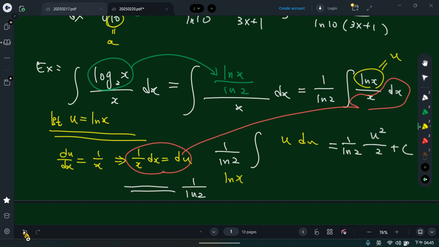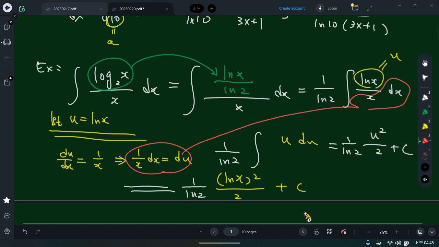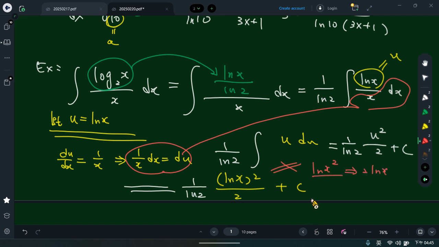You need to keep this bracket, because this part is different from ln x squared, right? Actually this part is equal to 2 ln x, so you need to keep this one.